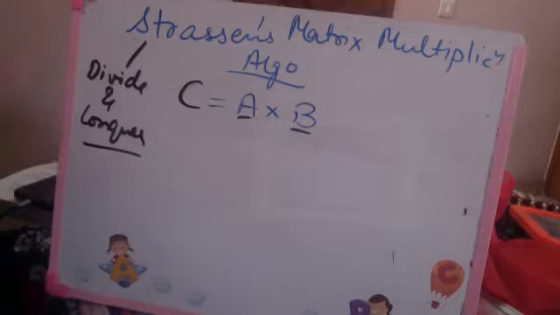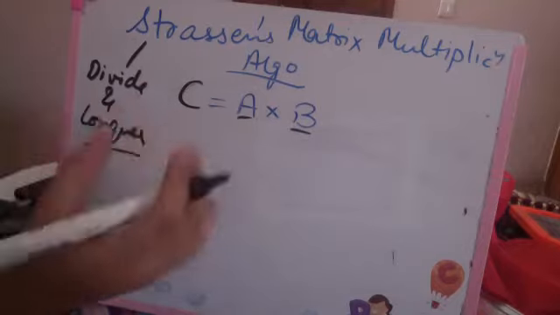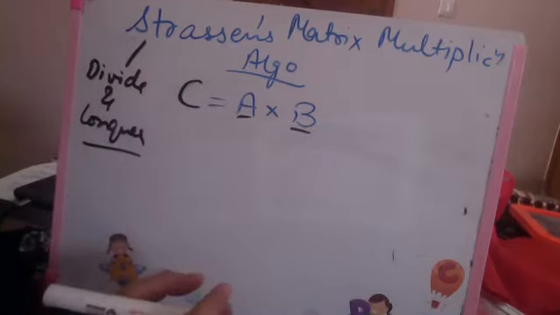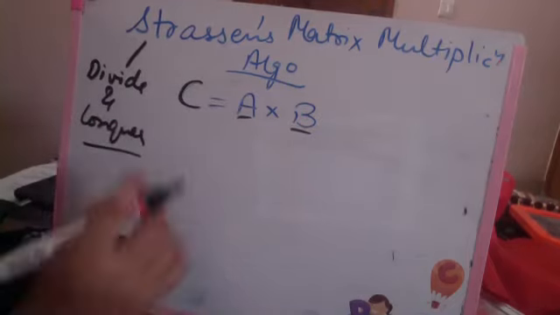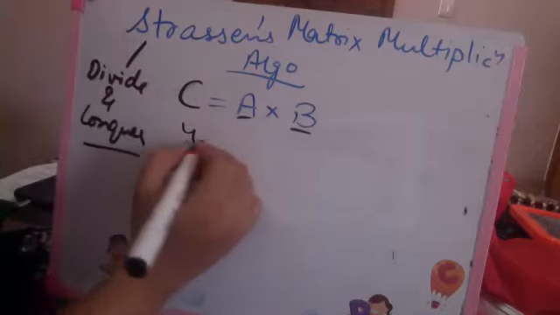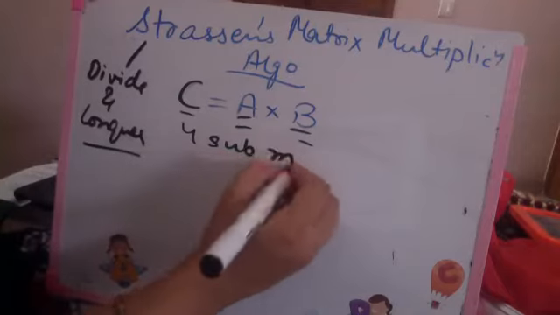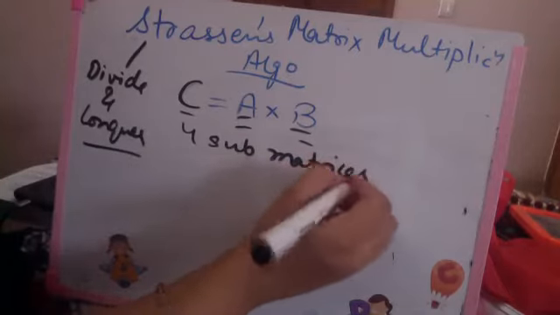Supposedly, how do I divide them? I am dividing each of the matrices into a group of 4 submatrices so that I can divide my problem further.